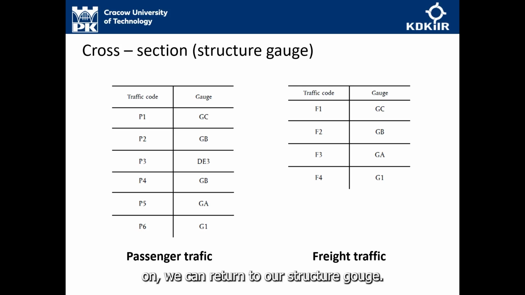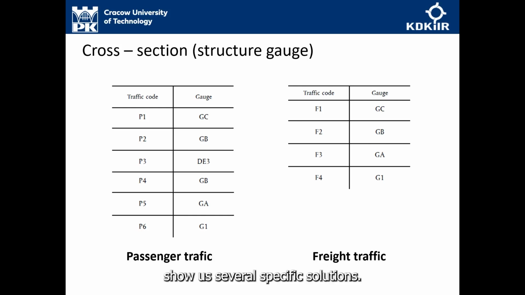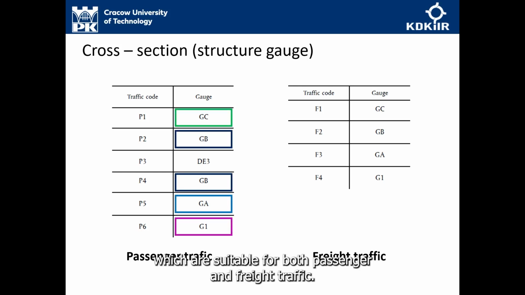Moving on, we can return to our structure gauge. In principle, our EN standards do not reference a typical construction standard for our structure gauge. However, technical specifications for interoperability show us several specific solutions. Here we have 4 typical gauges: GC, GB, GA, and G1, which are suitable for both passenger and freight traffic.